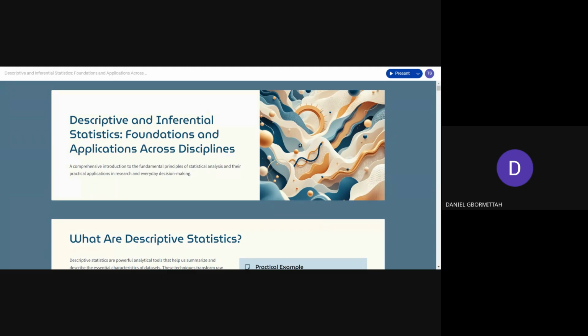So the fundamental distinction between descriptive statistics and inferential statistics lies in how we approach the data analysis and how we interpret our findings. That will tell us whether the person is describing the nature of the data set, or the person is making inferences for the population based on the sample data.